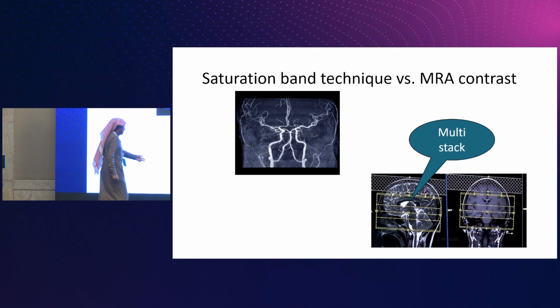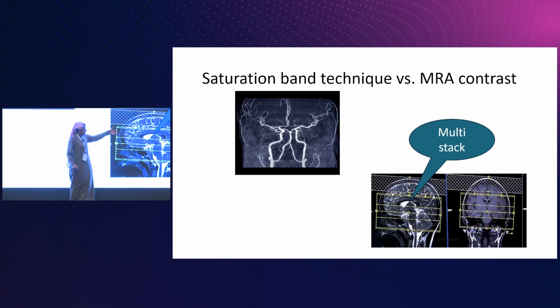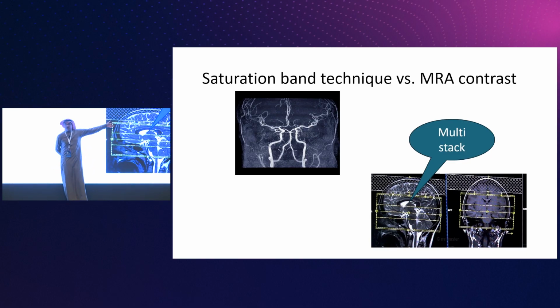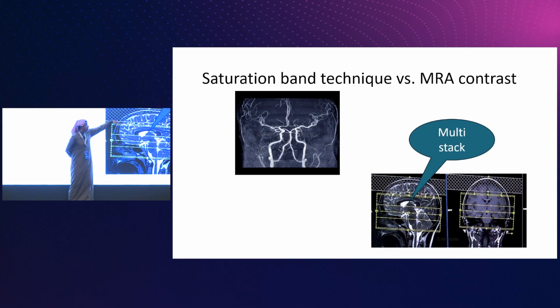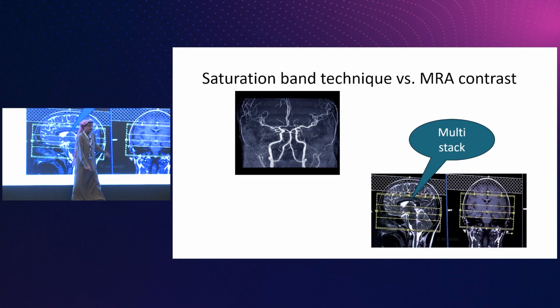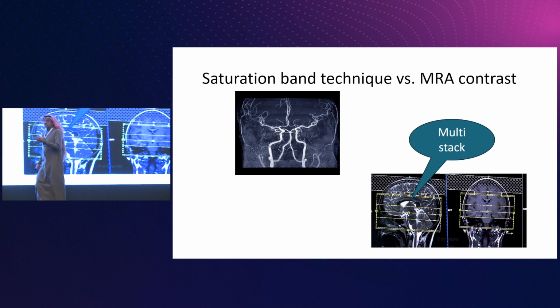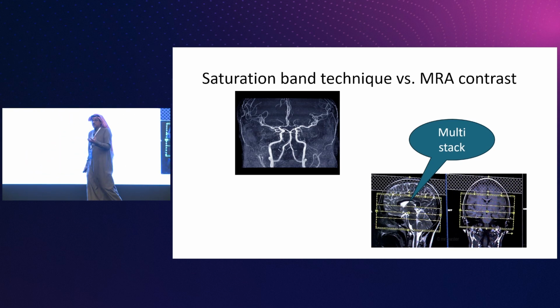So let us assume this stack, this portion is 40 images. Can you make it 45? Can you make it 50? Or you will add new stack? Let us assume the lesion is here and the radiologist would want to cover this area. Do not increase the slices. If you increase the slices, you will get saturation.